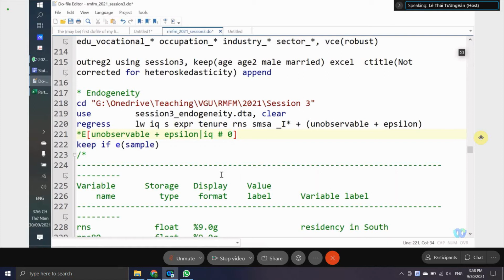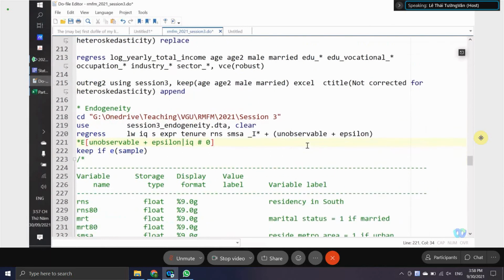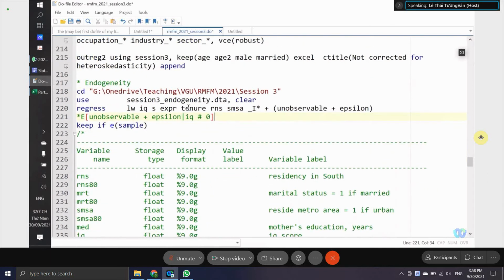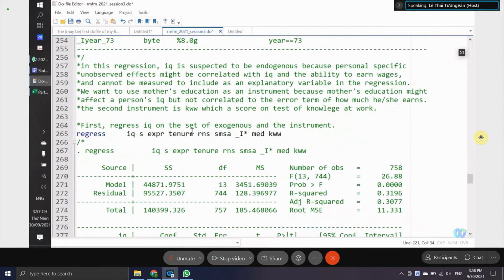So my perception about your IQ will change my prediction about how different you are from the average. In that case, I know your IQ, I change my error term. So we have to fix this problem.